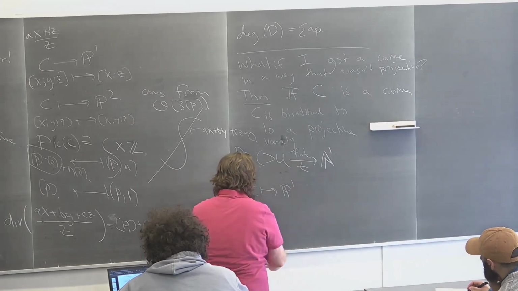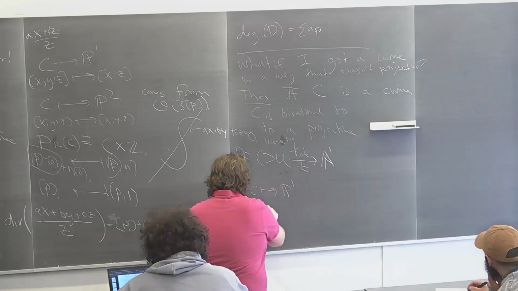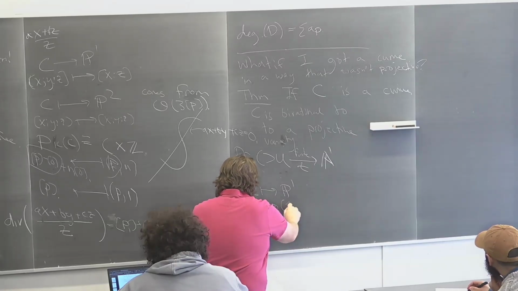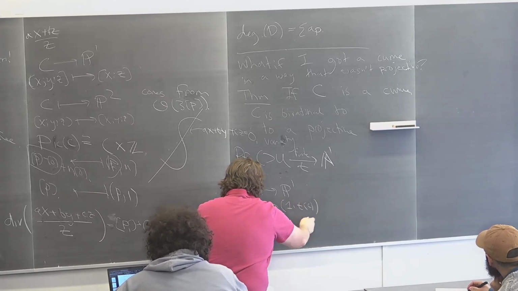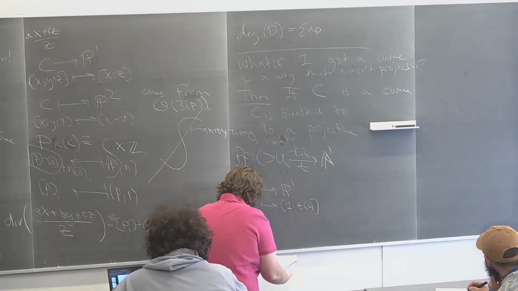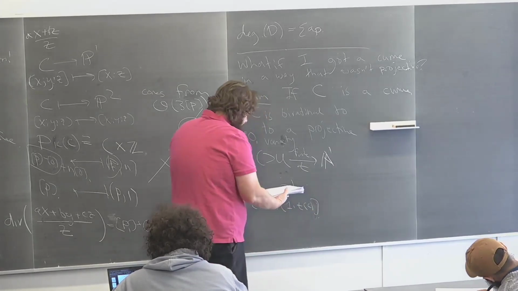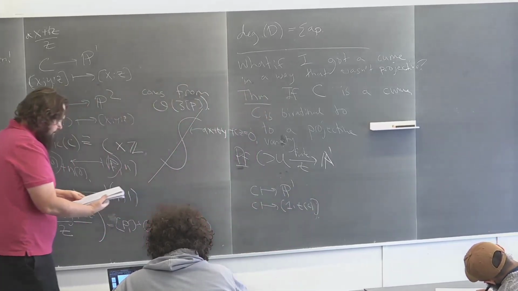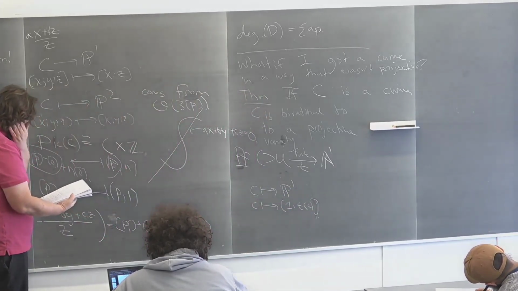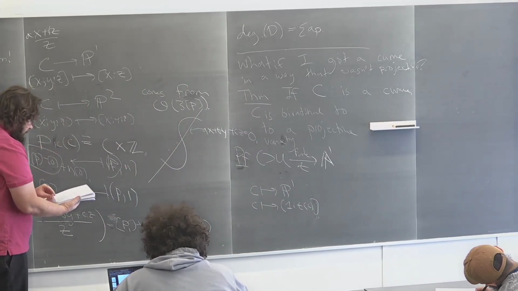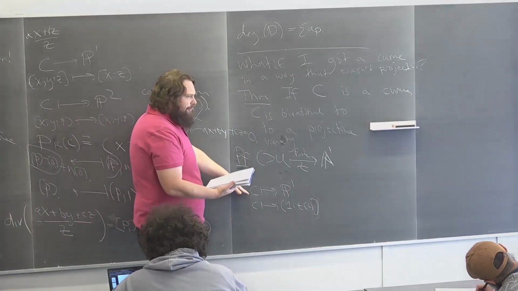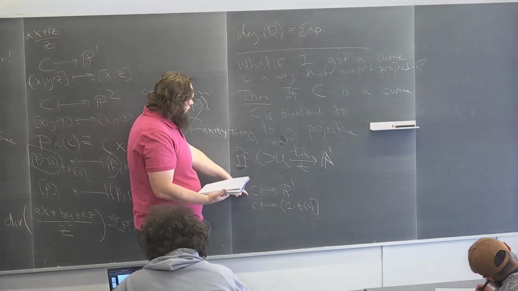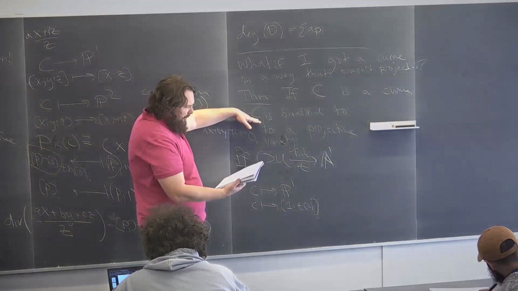I call this T, and it sends a point to 1 colon T of C. All right. And we can now use this map to P1 to define this projective curve we're looking for.